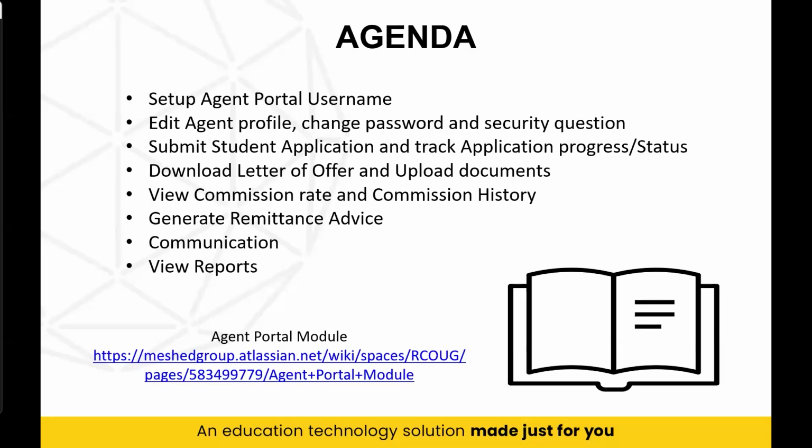We'll also go through permissions, which as a staff or as an admin, you can provide to or deny for your agents within the agent portal. Then we'll go through the communication part and we'll also view a number of reports that are available from the agent portal.